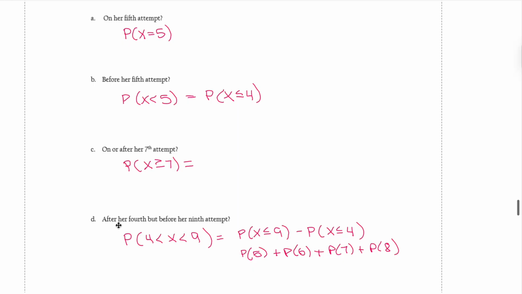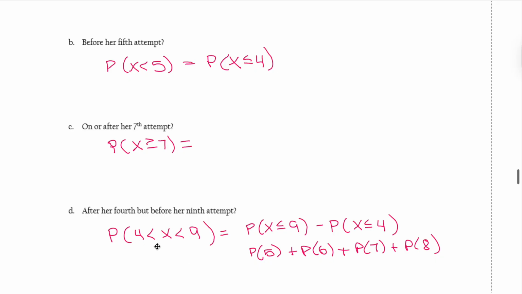Okay, part D, after her fourth but before her ninth attempt. This is a little bit tricky, but it's not so bad because you just have to know that X lies between 4 and 9. And we're going to use probability of X less than or equal to 8 minus probability of X less than or equal to 4.